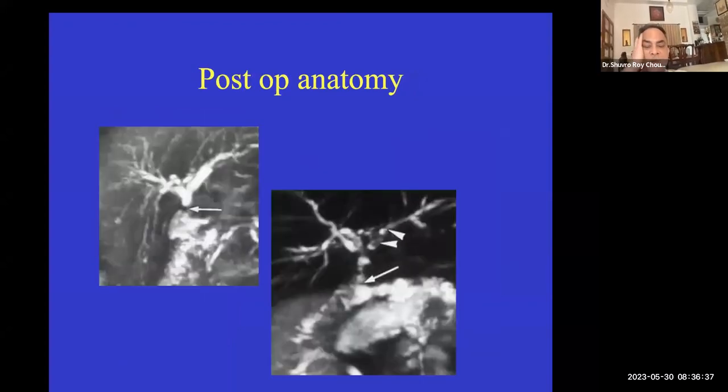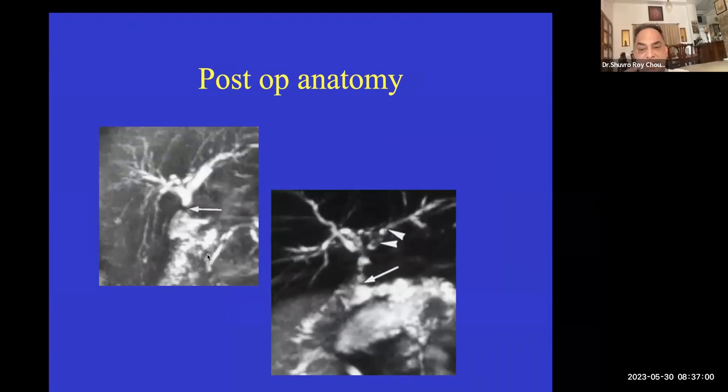Now I come to post-operative biliary tree and biliary strictures. I'll briefly talk about them quickly now. So you can see this is a loop of jejunum, right? And this is maybe a choledocho-jejunostomy.